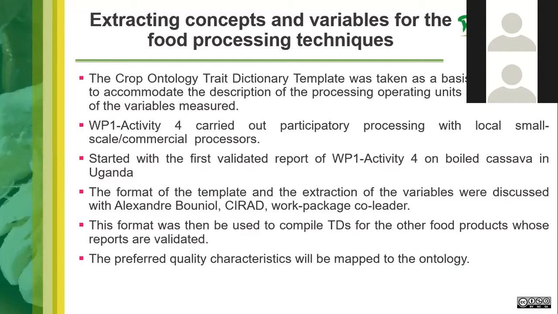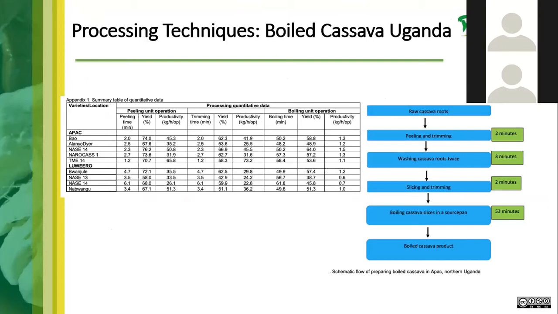It is also important to note that the preferred quality characteristics that were given by small-scale processors were extracted from these reports and will also be mapped into the ontology. So this is an extract from the reports.